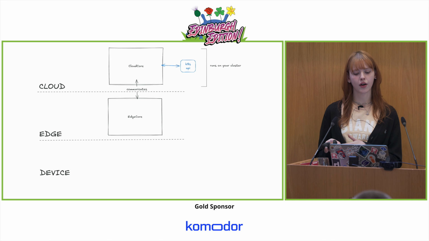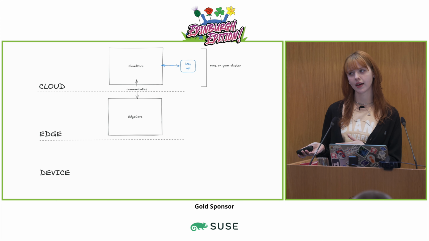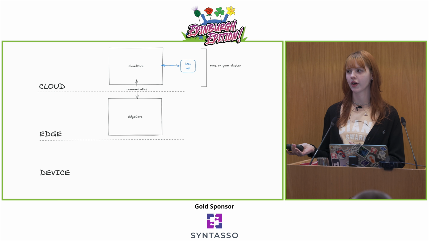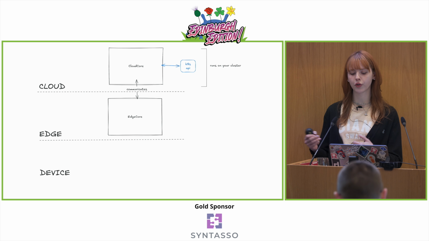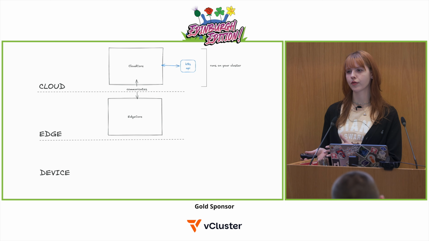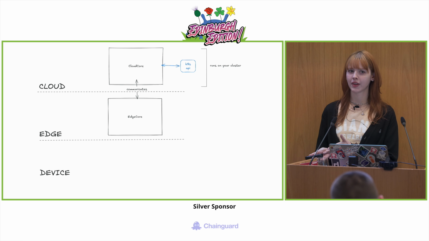On the cloud layer, you can see a component called the cloud core. This is the entry point from the Kubernetes API into the edge, so basically all of the communication goes through this cloud core. Then on the edge layer, you see an edge core. This edge core runs on every edge node. You see one here, however there can be thousands of them.